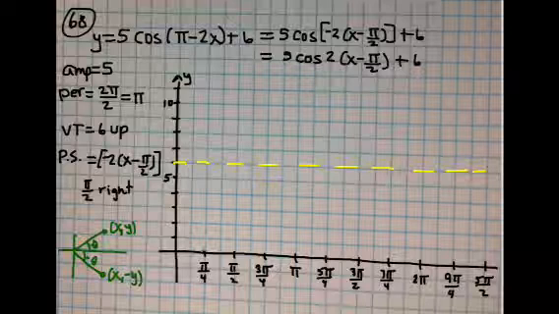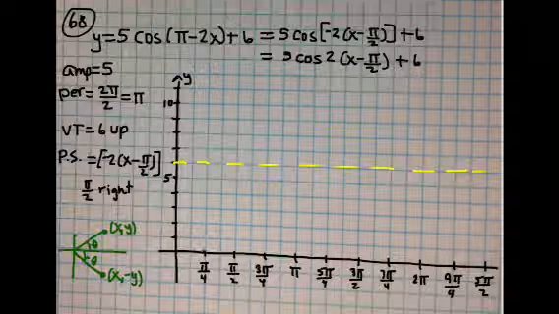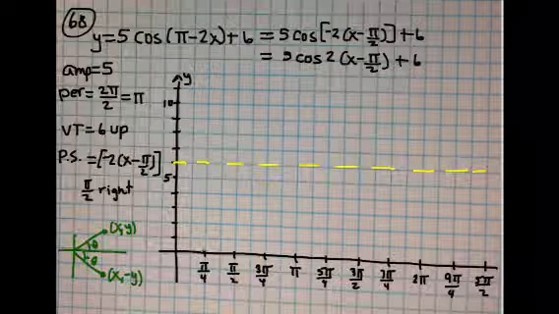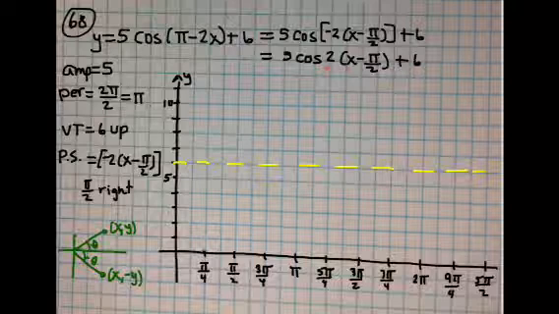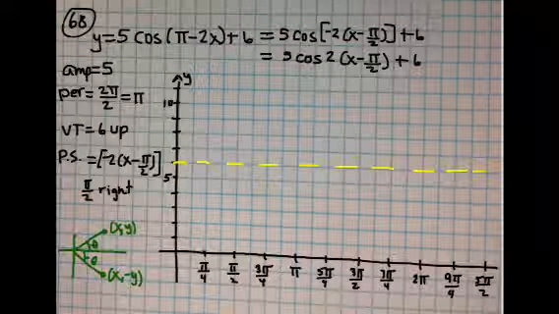Why? Because positive theta gives you x, and negative theta gives you x. Gives you the same thing. So the cosine of this negative angle is equal to the cosine of the positive angle, +2. So we're just going to graph this one, which is the same as this one right here. They're equivalent, the same graph.